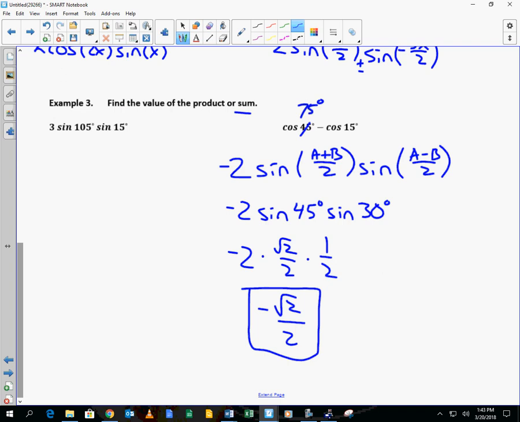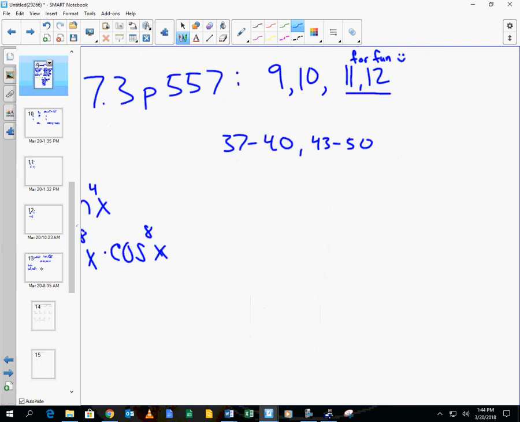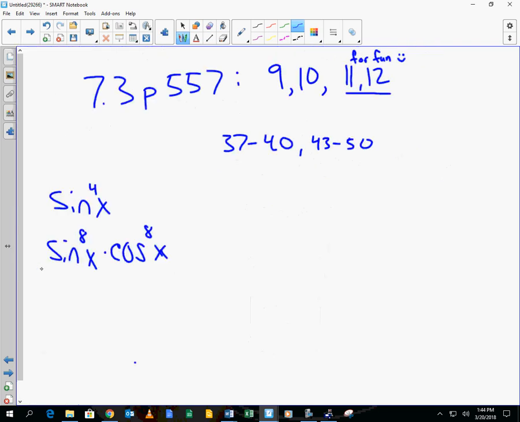Your assignment for today, I cut it down from previous assignments. Thank you, Mr. Gens. You're welcome, everybody. Okay, so here's what you can do. 7.3, page 557, do numbers 9 and 10. If you'd like to, do 11 and 12 for fun. You go right ahead and do that. If you'd like to have some extra fun, I told you how to do sine to the 4th, but maybe you want to try doing something like, say, sine to the 8th times cosine to the 8th.